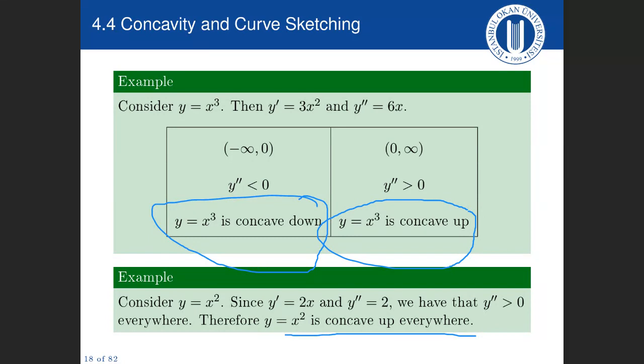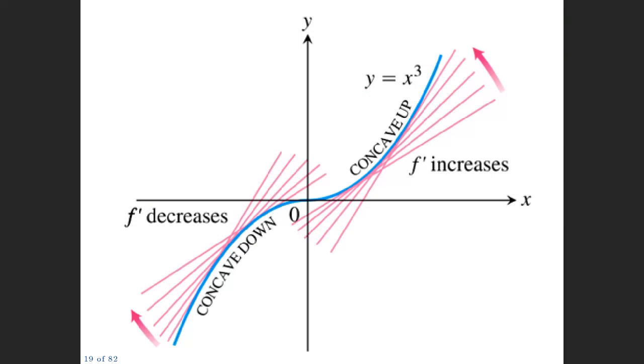Let me show you the graphs of these 2 functions. This is the graph of x cubed.